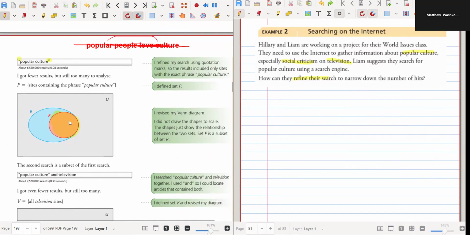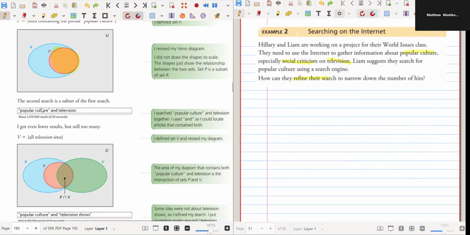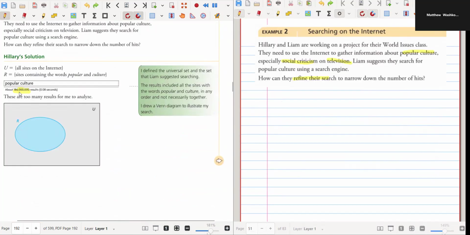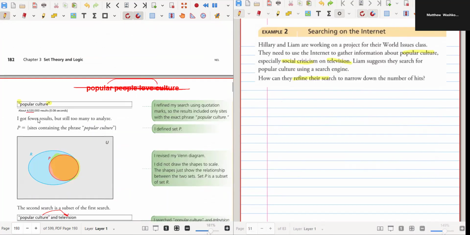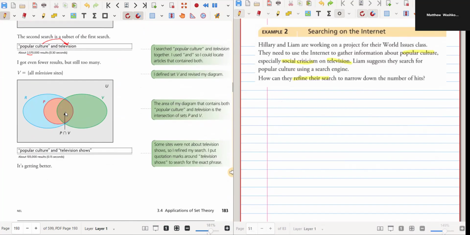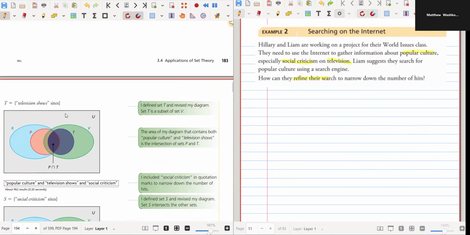Okay, so they did a subset, but maybe what they're really looking for is they know their answer is only in this part here. So what they do, television. So now I want to look for popular culture in television. Oh, the results have gone down substantially. I've gone from 186 million to 6.5 million to 2.5 million. So remember, they're just doing further and further, more detailed search terms here.